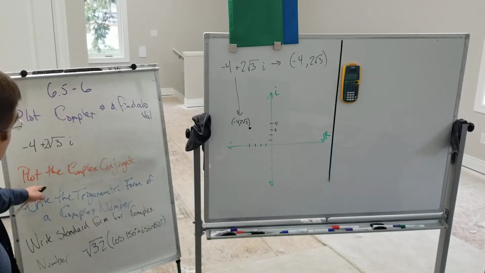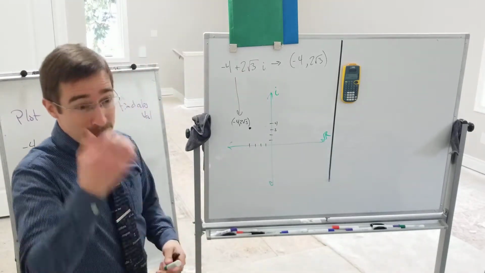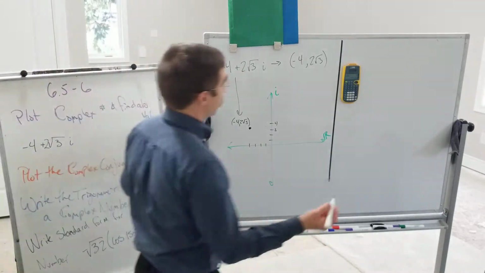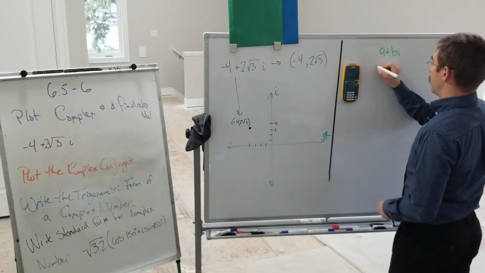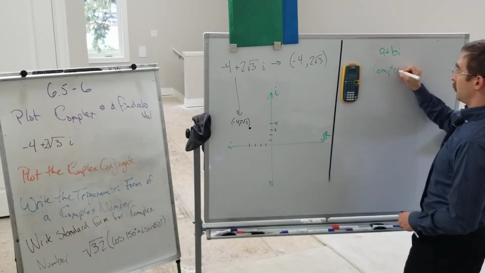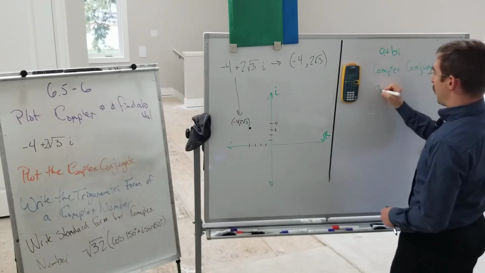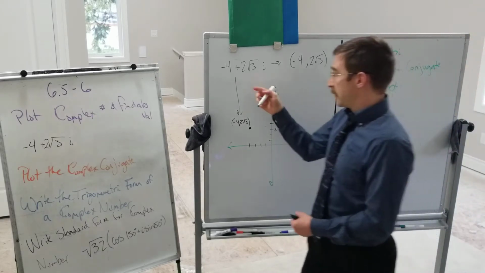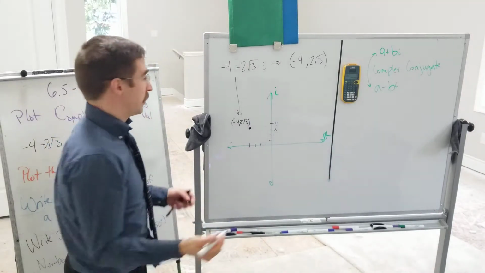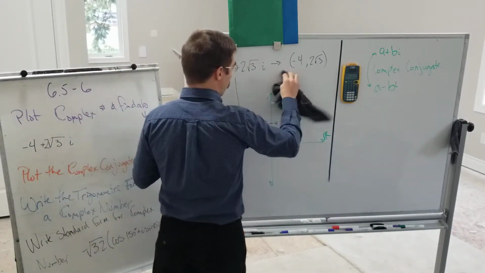Okay, let's now plot the complex conjugate for this number. So remember, the complex conjugate is, if I have a plus bi, the complex conjugate is a minus bi, right? So since it's -4 plus 2 root 3, I'm going to do this in a different color here.